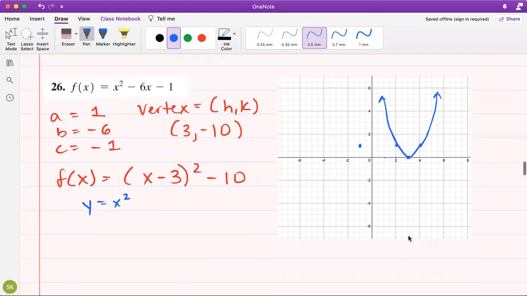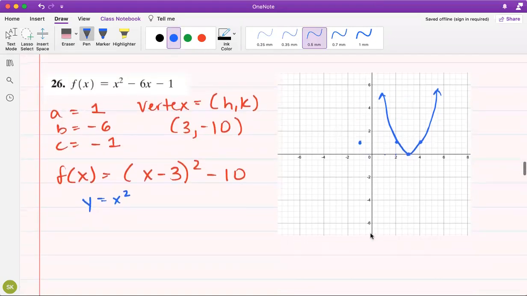Now this goes down 6, so 7, let me just continue this down a little bit, 8, 9, 10, and we go down here. And then we can just move this point here and this point here. And so the graph is going to look something like that.